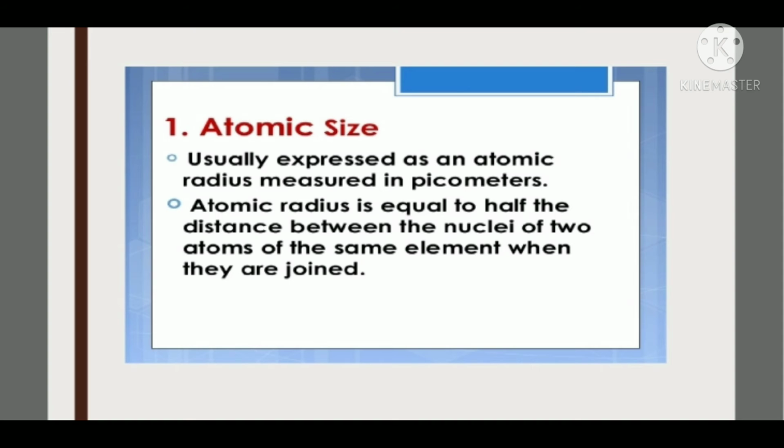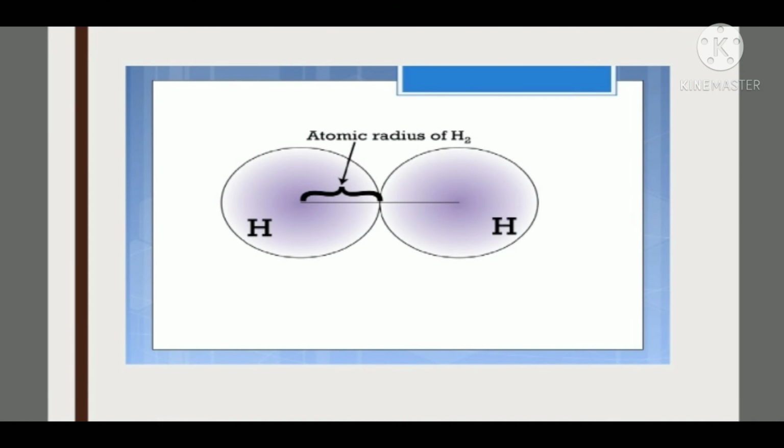Meaning, atomic size is determined by the radius when the two atoms are joined together. In this illustration, the atomic radius of hydrogen is determined from the radius of the two hydrogen atoms.